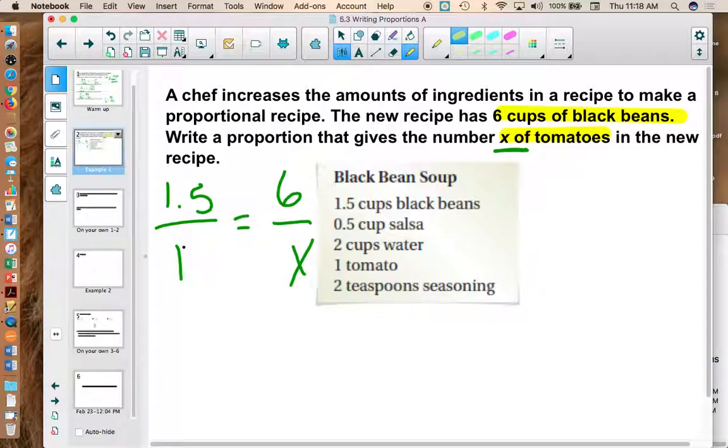That story really gave us that ratio right there. I don't even have to calculate anything. Now, did it say to solve? No. Is that where I'm going to stop then? Yes, because that's answering the question, writing the proportion.